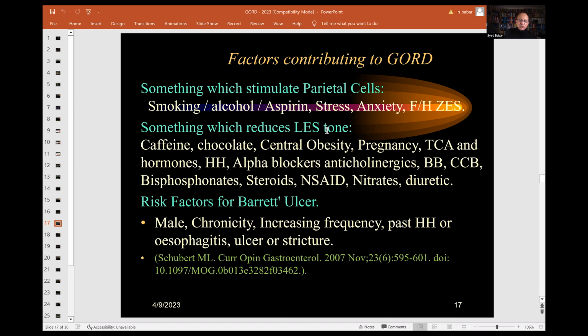Something which reduces the lower esophageal sphincter tone. And mainly, this is the upper esophageal sphincter tone.